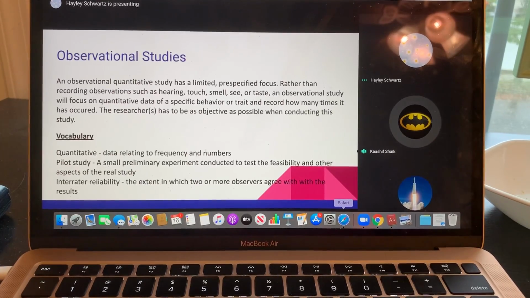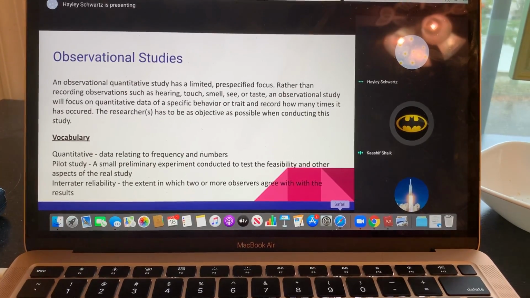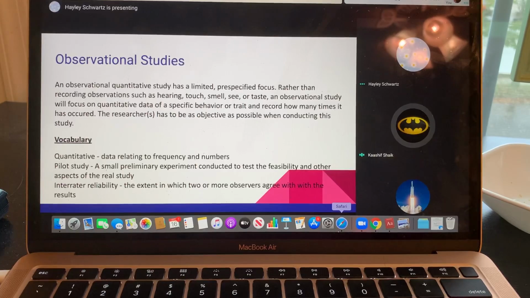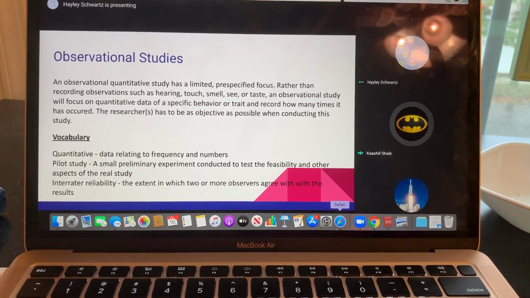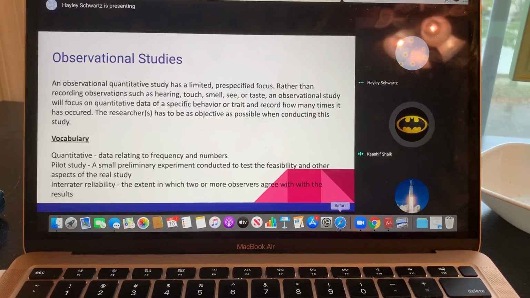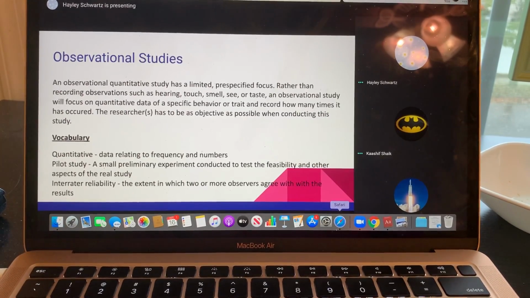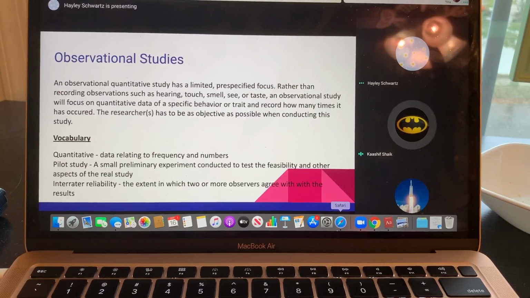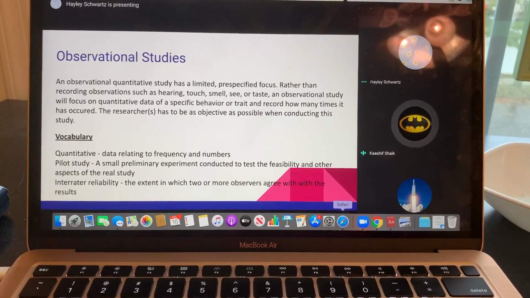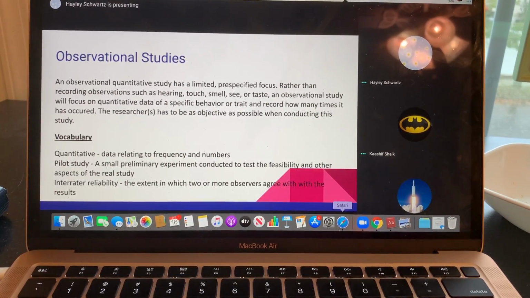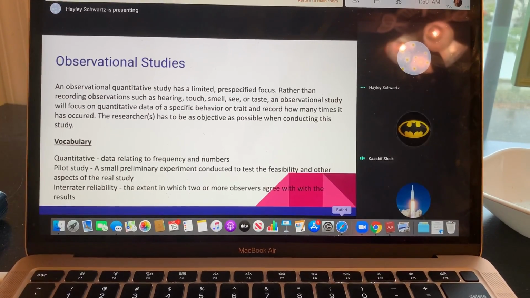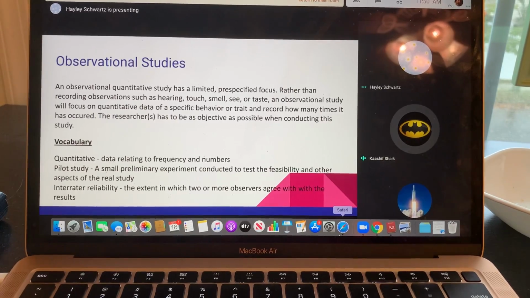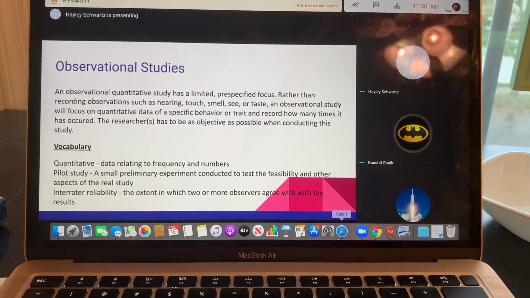All right, so observational studies. An observational quantitative study has a limited pre-specified focus rather than just recording the observation, like using hearing, touch, smell, sight, or taste. An observational study will focus on quantitative data of a specific behavior or trait and record how many times it has occurred. The researchers have to be as objective as possible when conducting the study.